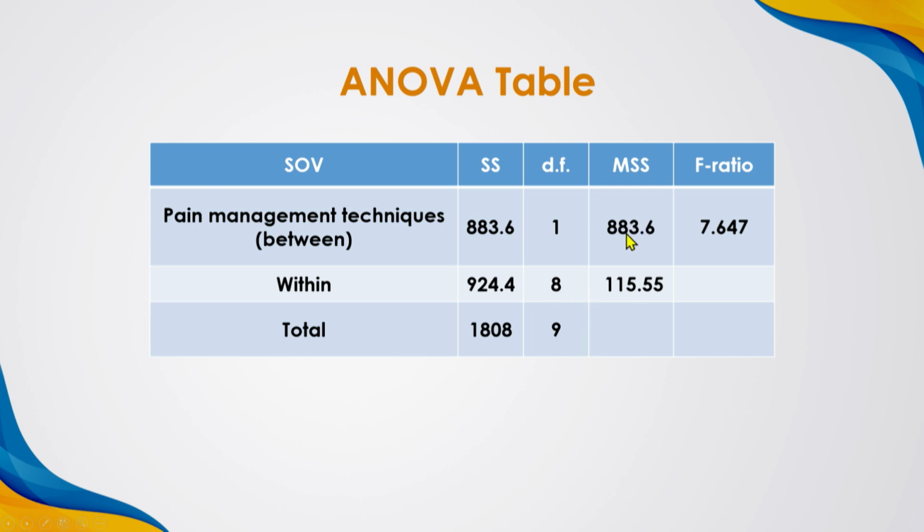Then we compute the mean sum of squares: the sum of squares for treatment divided by 1 gives 883.6, and the within sum of squares divided by its degrees of freedom gives 115.55. By taking the ratio of these variances, we get 7.647, which is equivalent to the square of our t test statistic, 7.647. Thus, we have established the result.